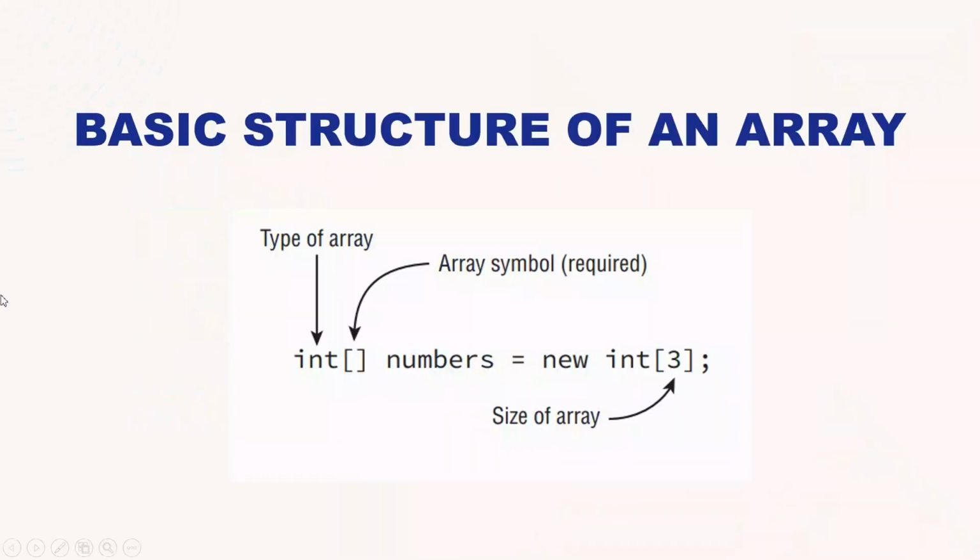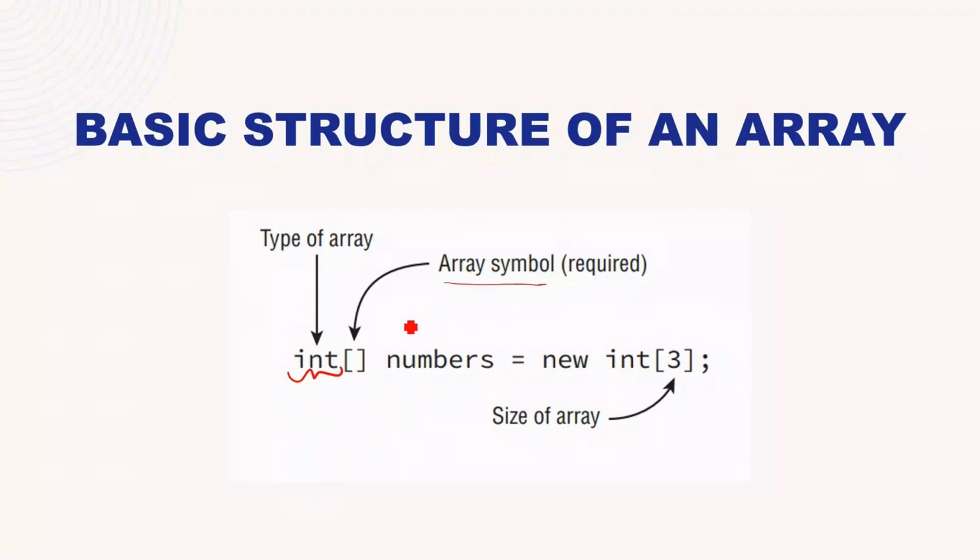So let us understand the basic structure of an array. How do you create an array in Java? First of all, you need to specify the type of the array. In this case, this is an integer array which will contain numbers, so I have specified int over here, which is the type of the array.